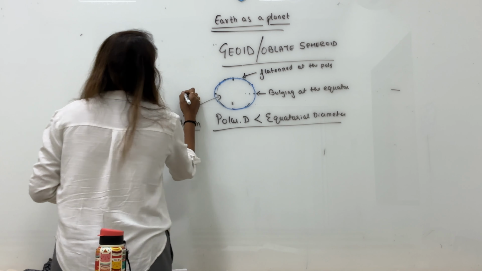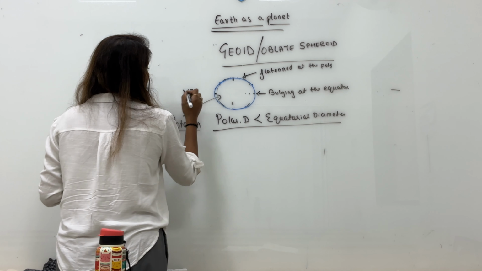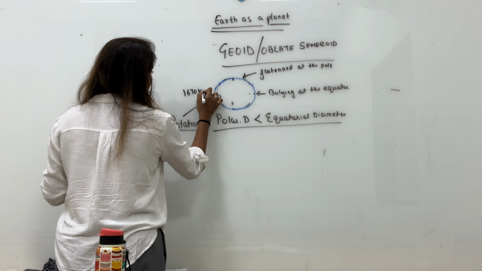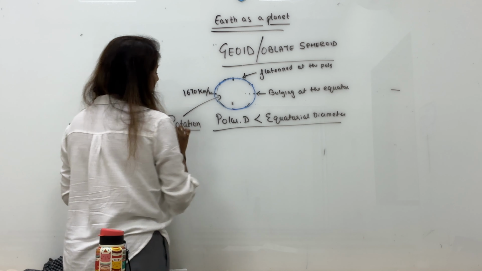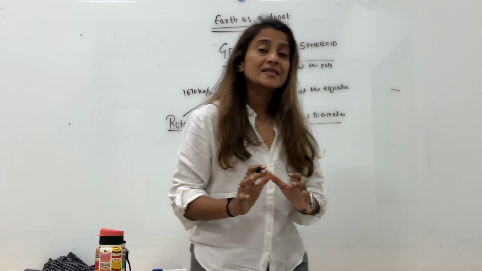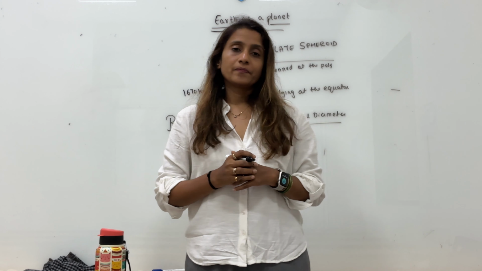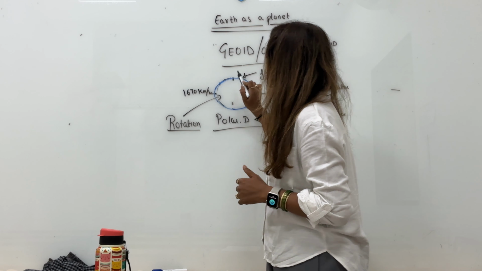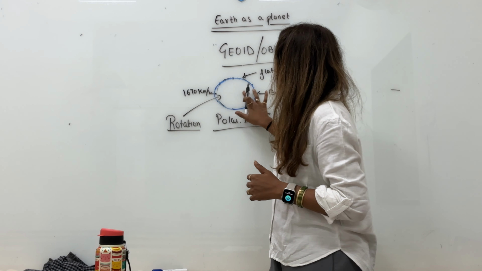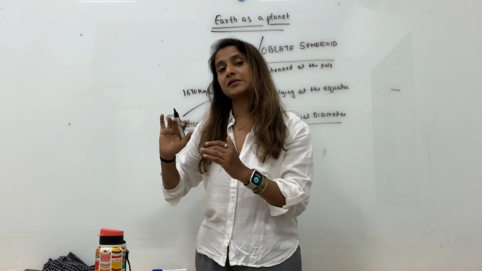At the equator, the rotation speed is 1670 km per hour. And as you go towards the poles, the speed of the rotation decreases.